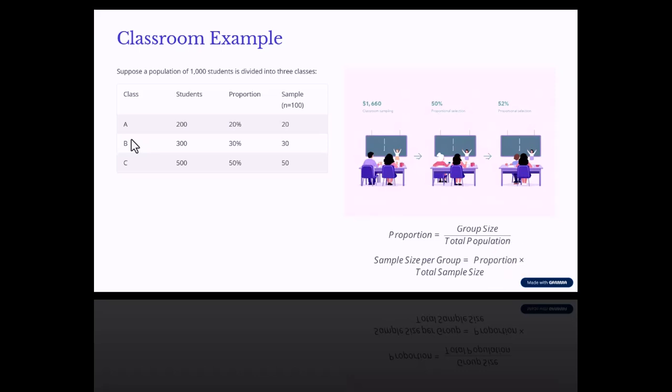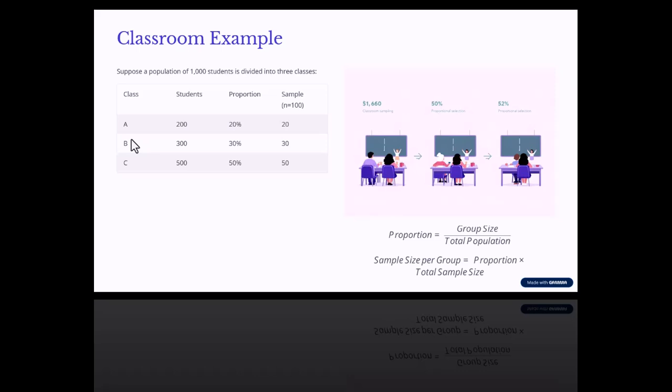So from our class of 500, we take 50, because of its proportion in that population. So that's why I say proportion is equal to group size divided by total population. So sample size per group is proportion times total sample size.